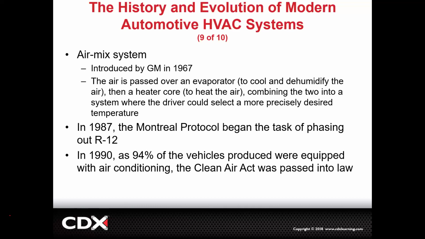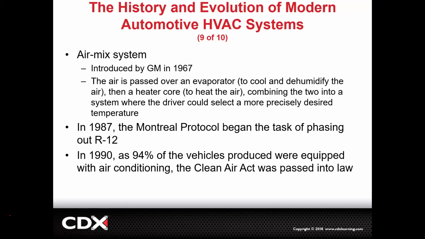And then by '90, just a few years later, did you know 94% of the vehicles produced were equipped with AC, right? And that's when the Clean Air Act was passed into law. So they started looking at the AC as causing some issues. And then just a few short years later, they did pass the new Clean Air Act, but there also was a big increase in how many cars had AC around that time.